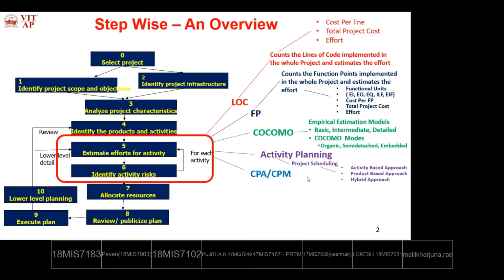To identify those critical activities, we'll use critical path analysis or critical path method, which finds the critical path and critical activities. These are calculated by using a deterministic time for every project product, for every module, submodule, and so on.